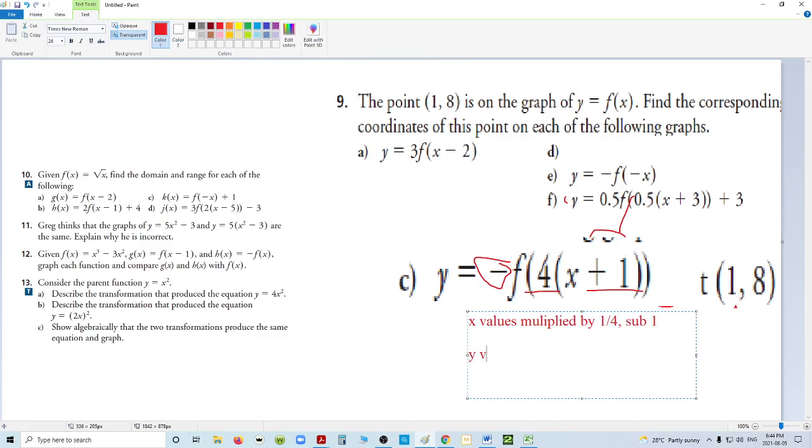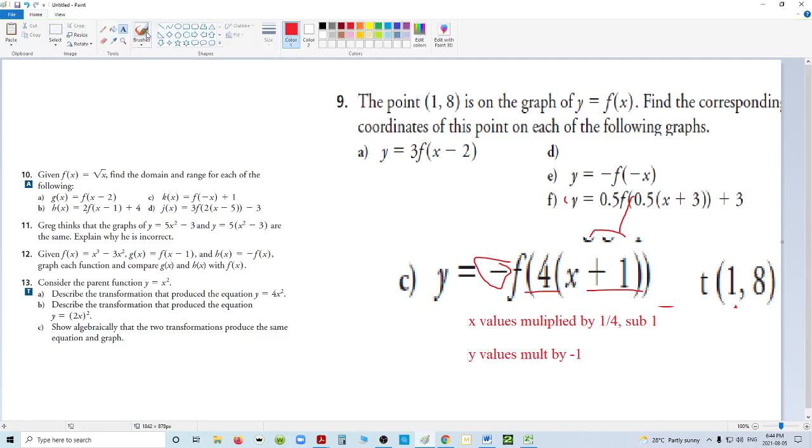And all my y values are multiplied by -1, which means that 1 times 1/4 is 1/4, and then subtract 1 is -3/4. You'll get used to that. And then 8 multiplied by -1 is -8. And that's it. That's the new coordinate from this to that with this transformation.